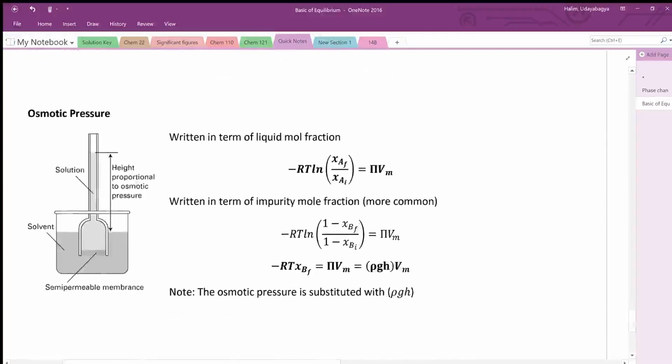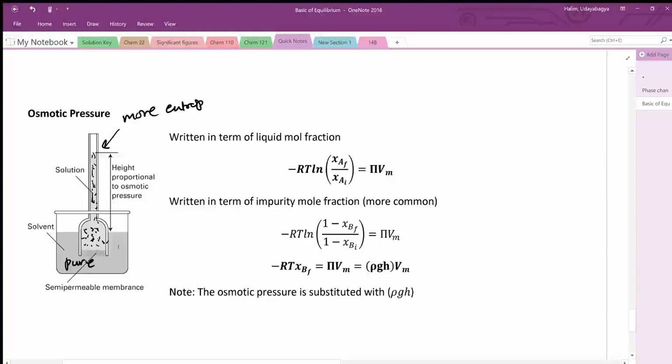This is also another important equation. So for example, if you have a solvent here and your solvent is pure, and then you have a highly concentrated solution, there's a lot more entropy here because you have impurities.